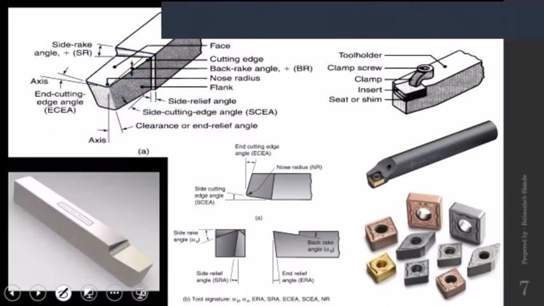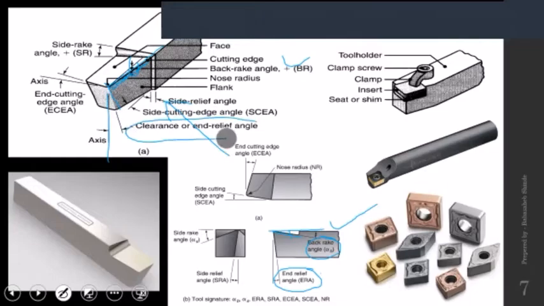And if you look at the same tool in this direction, you will get the third view. In that view, you will get two inclinations. First, the back rake angle, which is the inclination of this cutting edge with the horizontal, and the inclination of this edge with the axis or vertical is denoted by the end relief angle.